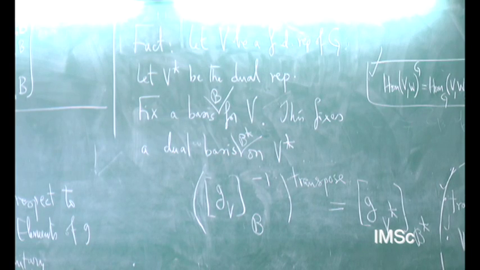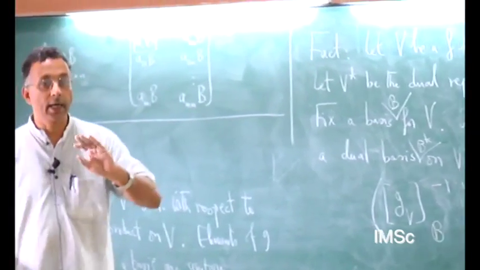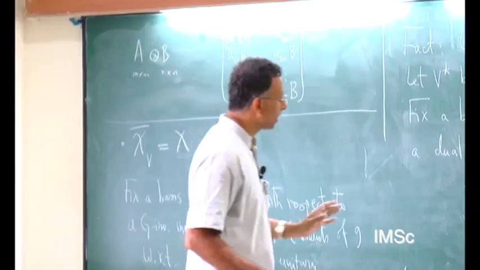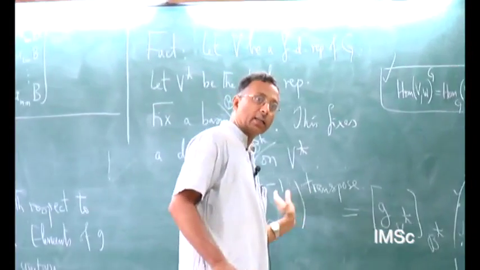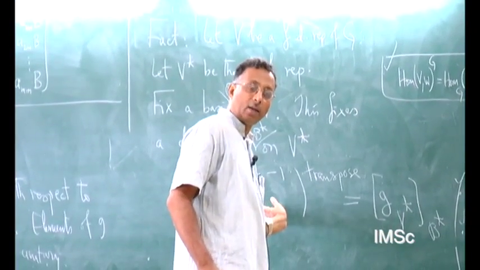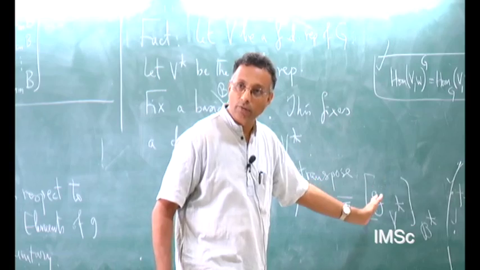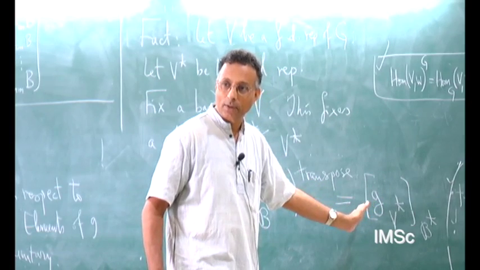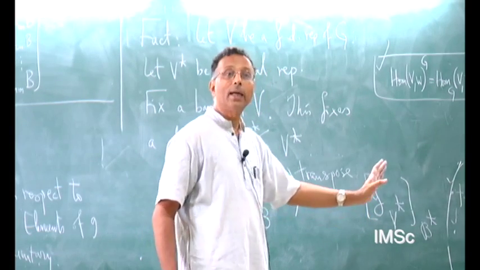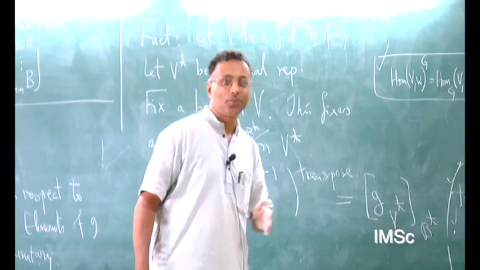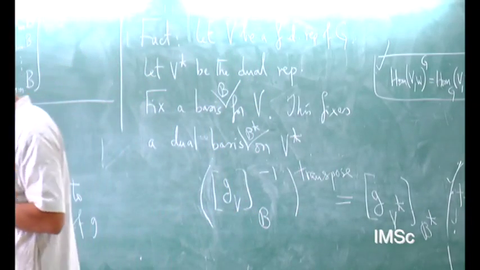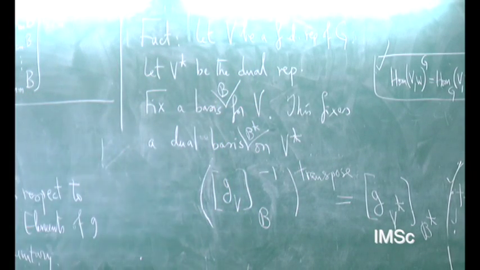But really, there is also a right-left problem, in the sense that a left action on V naturally becomes a right action on V star. But then to make it again a left action, you need to put a transpose.